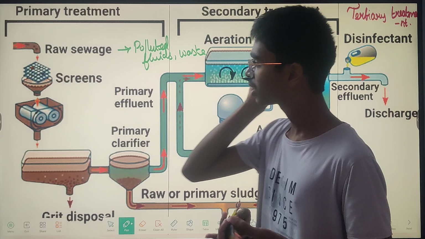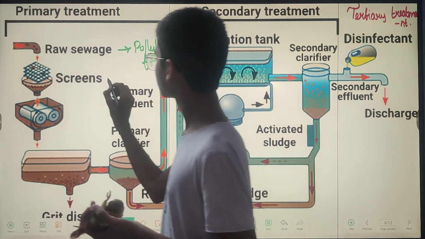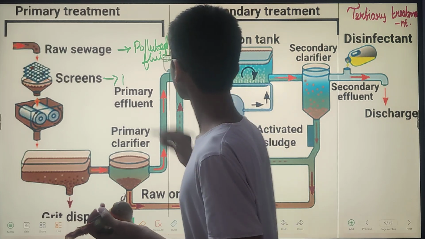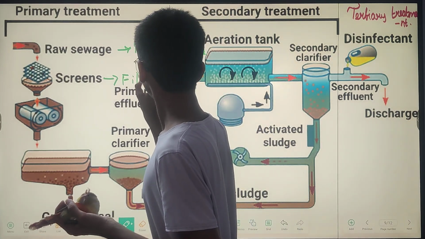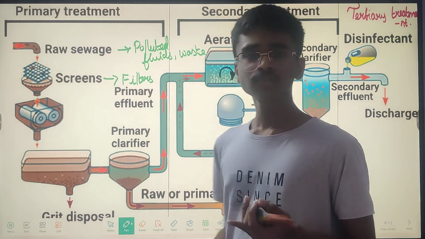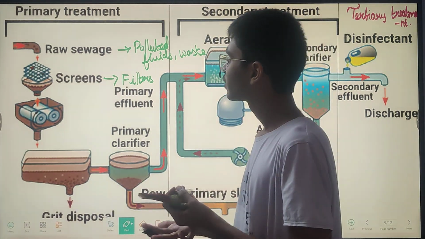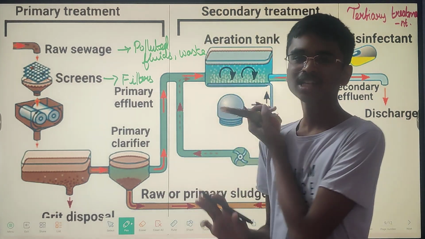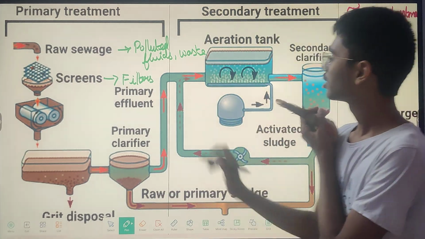Then after this, the first process is going to be screens. Screens are none other than filters. Generally there will be 3 filters mainly.